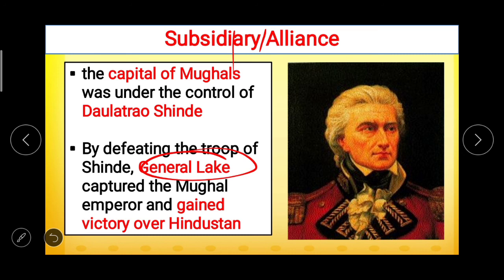So this was all about the background of the effects of British rule. In the next session, we are going to talk about the effects of British rule on India.